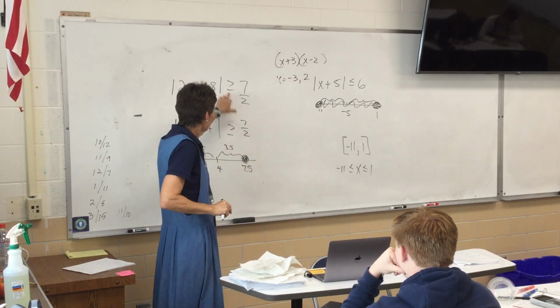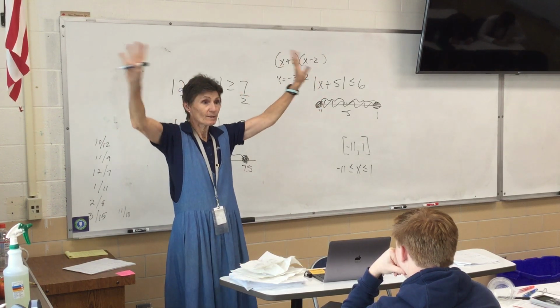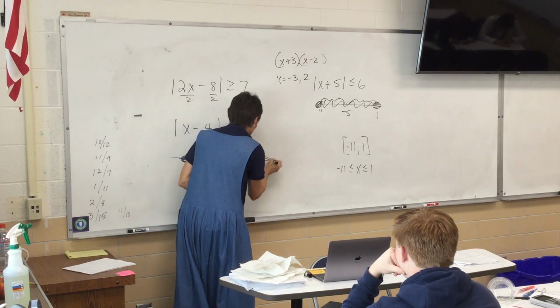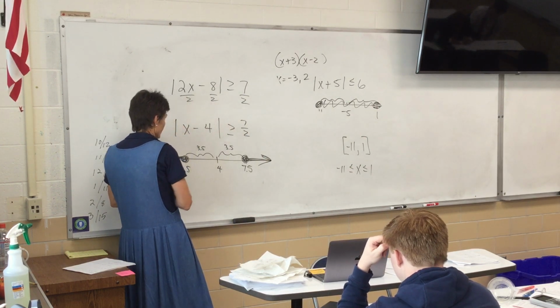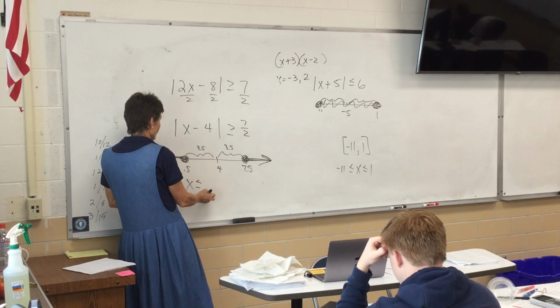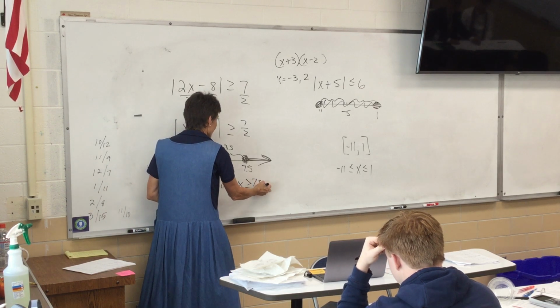Oh, I think it's a greater than, isn't it? That's a greater than. So where do greater thans get shaded? Out. So that's going to be out. So x is less than or equal to 0.5, or x is greater than or equal to 7.5.